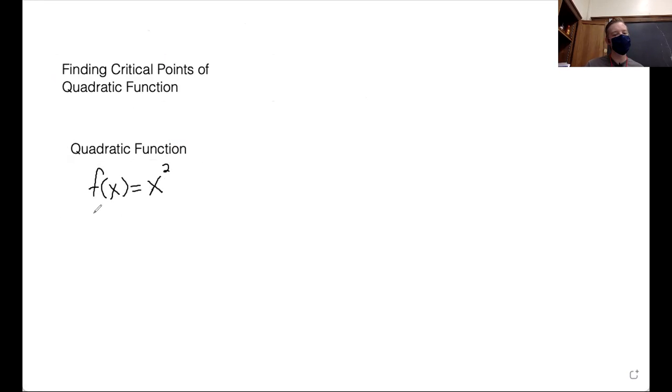All the way up to, we could have something like f of x equals negative 2 parentheses x plus 5 squared minus 9. Let me make that a little clearer. There we go.